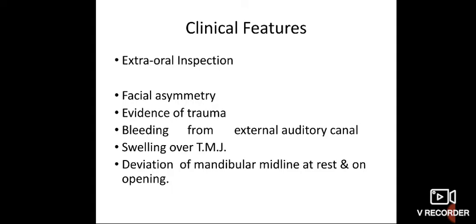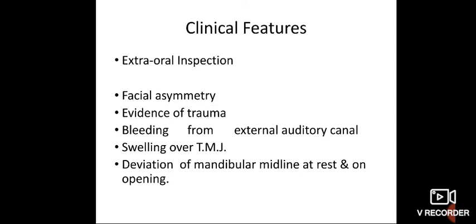We can't say that it is a big tear, but that violent force, the movements or vibrations, can cause a little bit of tear there, or even the inner lining, the soft tissue lining inside the skin, can get tethered there, and then you will have the bleeding. If you see CSF otorrhea, a clear fluid apart from blood, then it indicates a base of the cranium fracture or a caput protrusio glenoidalis condition where the condyle has gone inside.